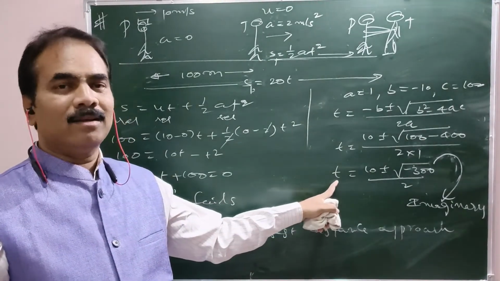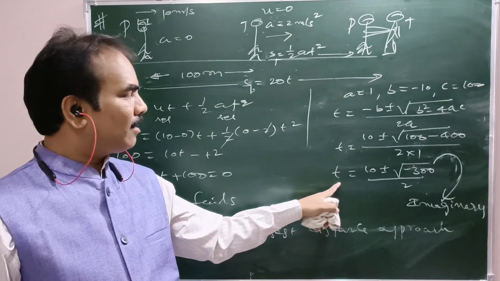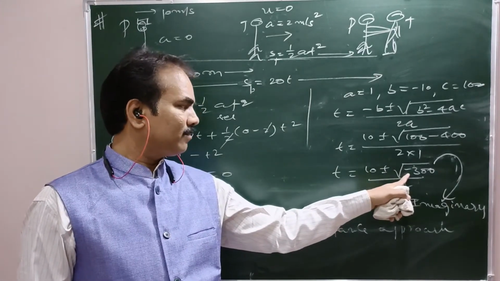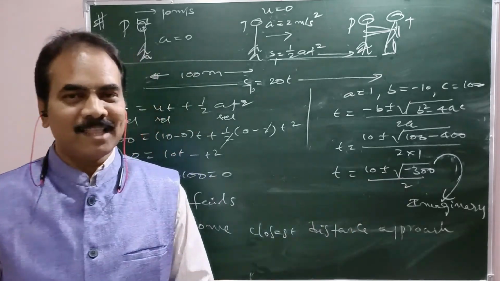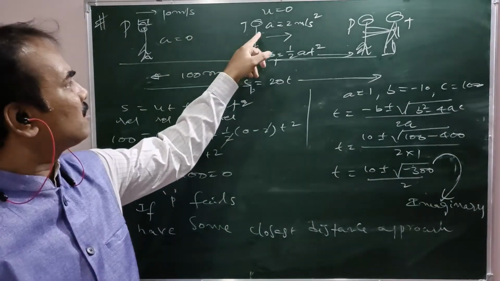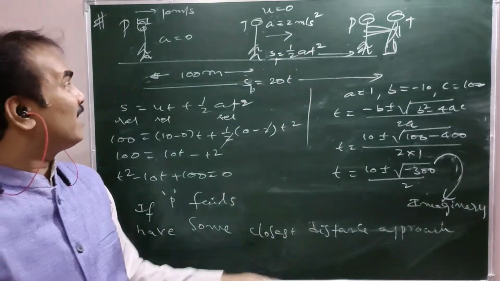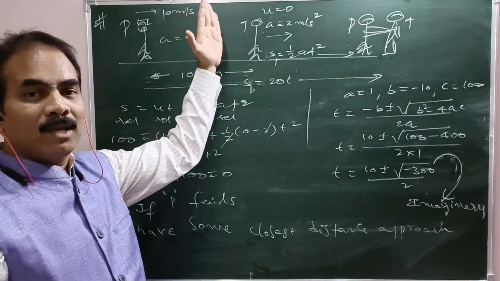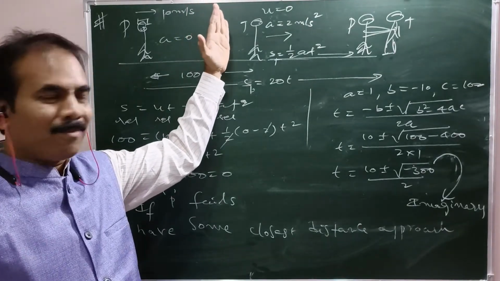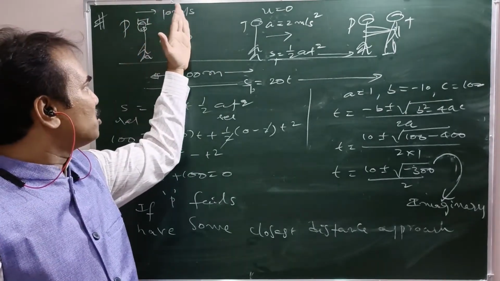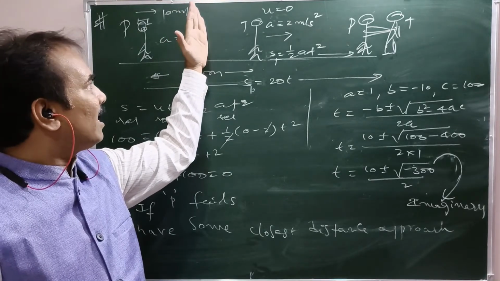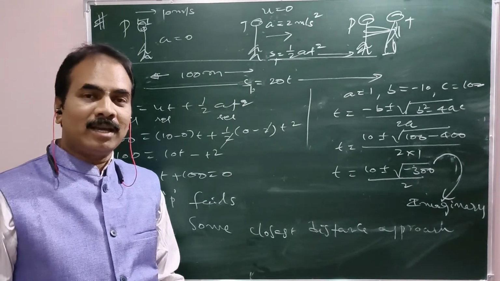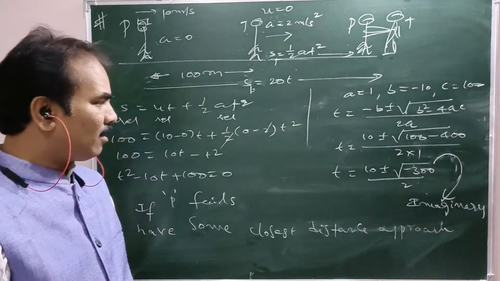That means, as we are having an imaginary term involved here, the policeman never catches the thief in this case. But in this case, he has a closest approach. Of course, he fails in catching the thief, but he has a closest approach from the thief, even though he fails in catching the thief.